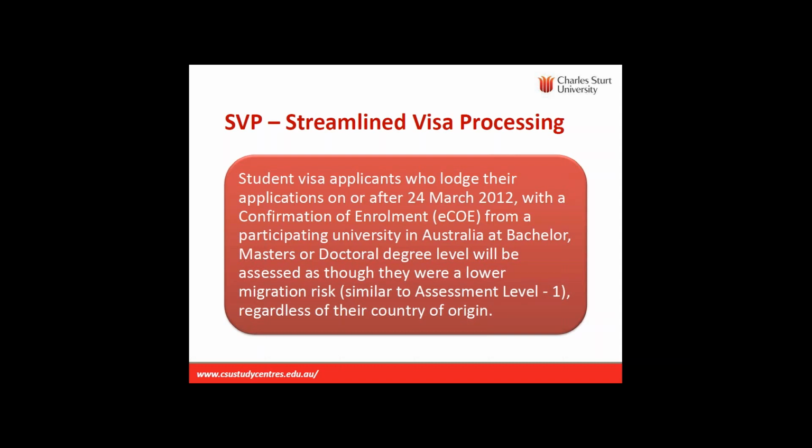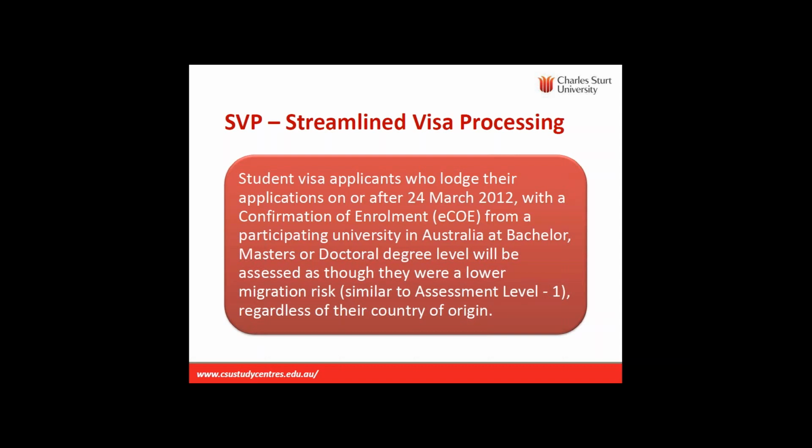Regardless of their country of origin, regardless of their nationality, students who are applying to our university partners, and all our university partners, including CSU, of course, are participating in this SVP process. So those students have an easier process applying for visas. It means that they are assessed as being at lower migration risk.